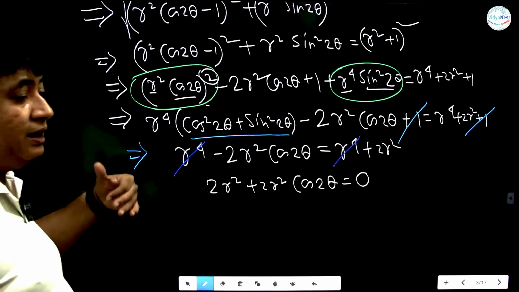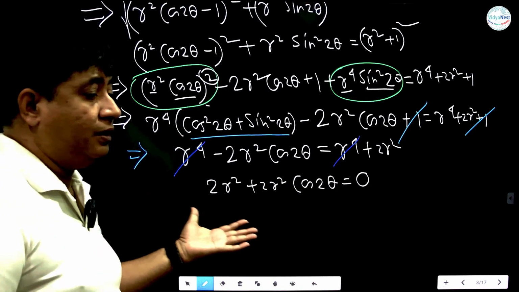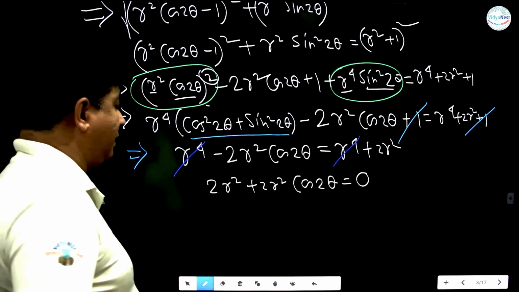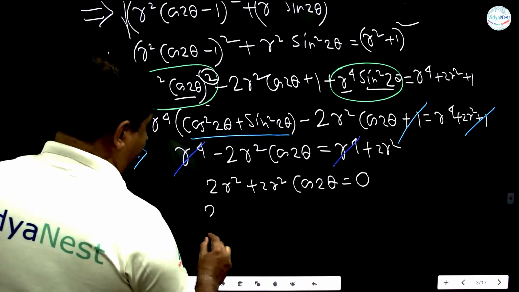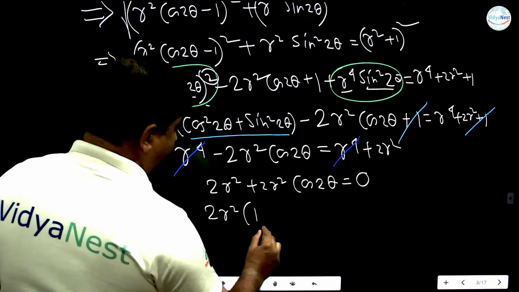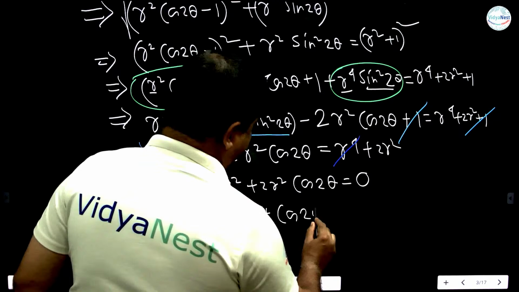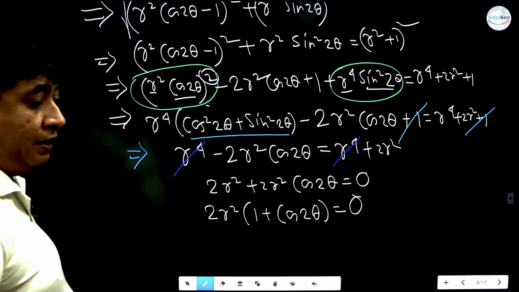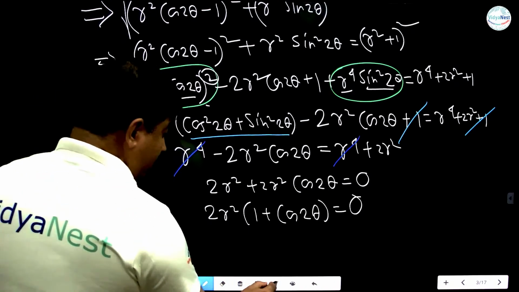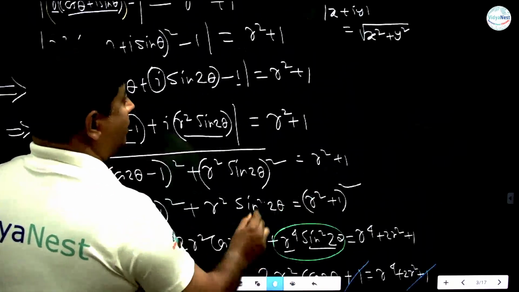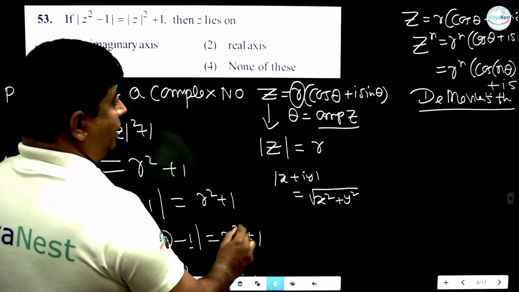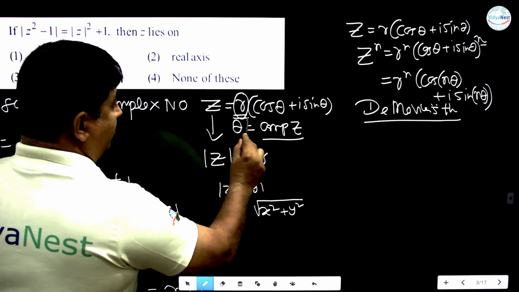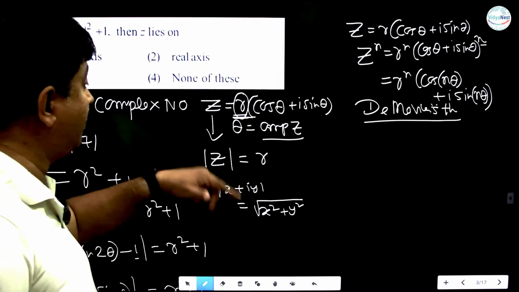So once I reach this stage, then what conclusion I can draw from it? Maximum I can take 2r square common. What will be left in the bracket? 1 plus cos 2 theta. Now what is r? Just you observe what is r? R is the magnitude of the complex number. It cannot be 0.